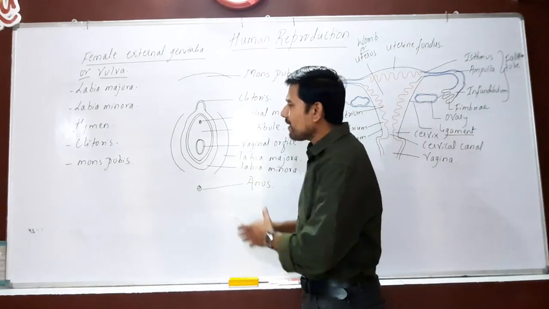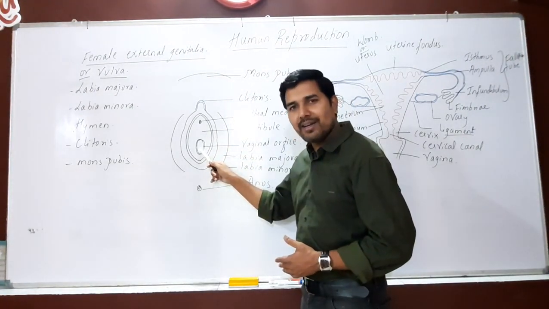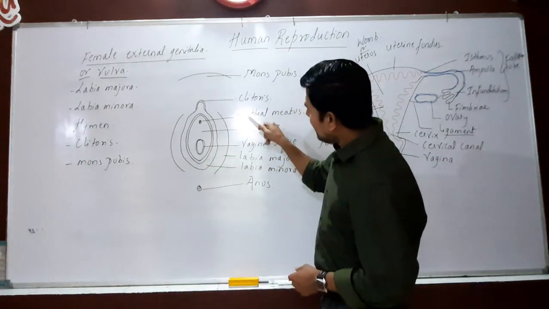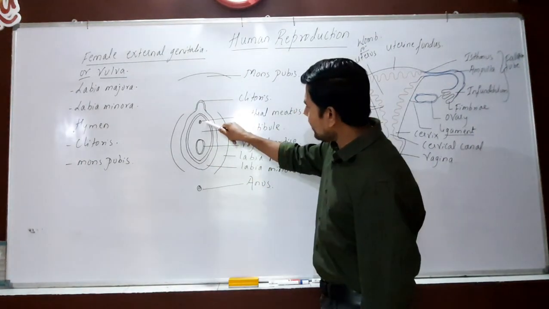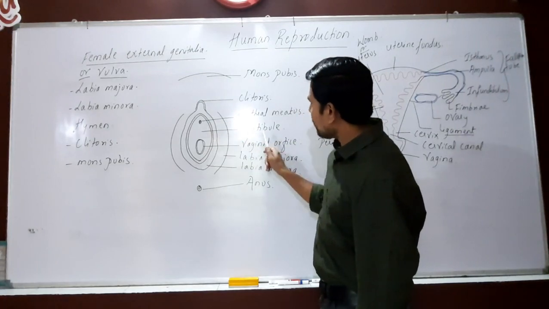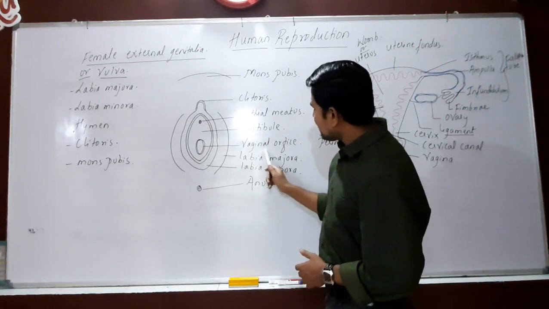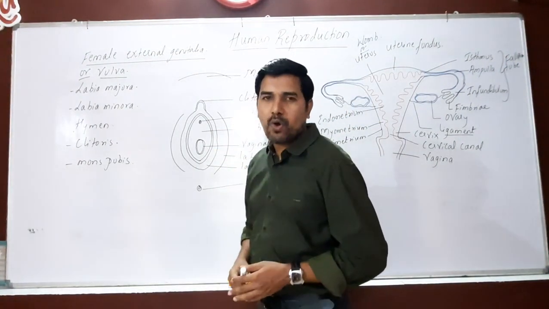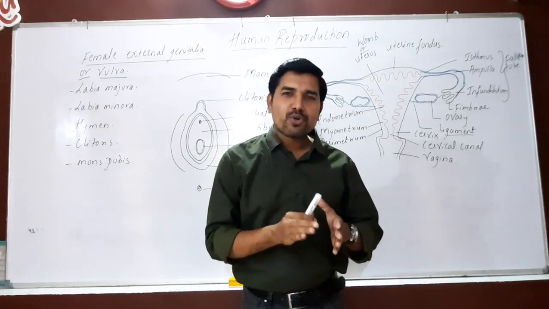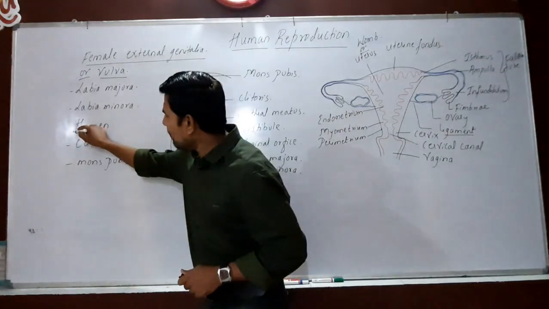Because in the female reproductive system, the urethral opening and the vaginal opening are different. Then in between the region of the vaginal opening and the urethral opening, there is a region called the vestibule. Then the opening of the vagina is called the vaginal orifice. It consists of a membranous structure which is also called the hymen.